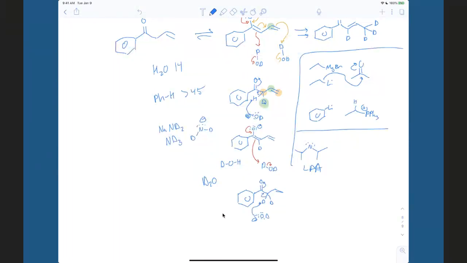It's all an equilibrium process, so this is actually reversible. Or you could have our orange pathway occur, where now the other side of the molecule gets deuterated. So these are all kind of shifting and exchanging. It always progresses towards everything becoming deuterium, and the double bond ends up wherever it's happiest thermodynamically.